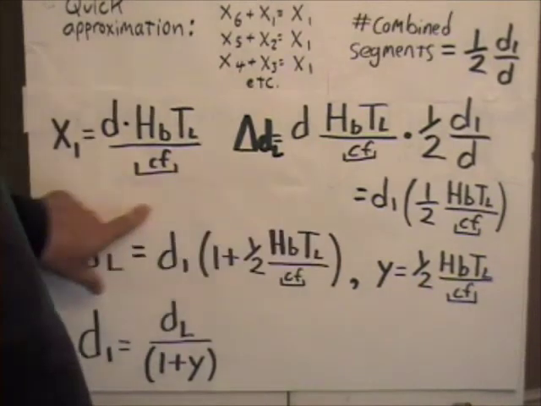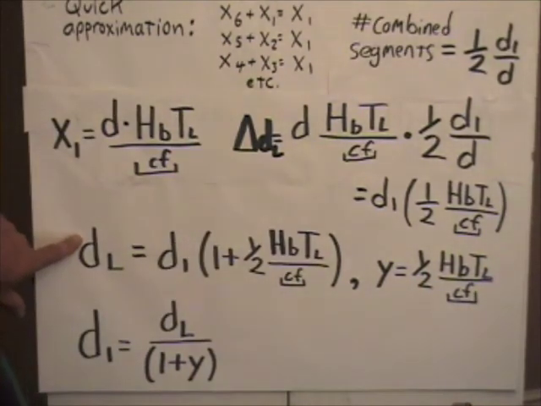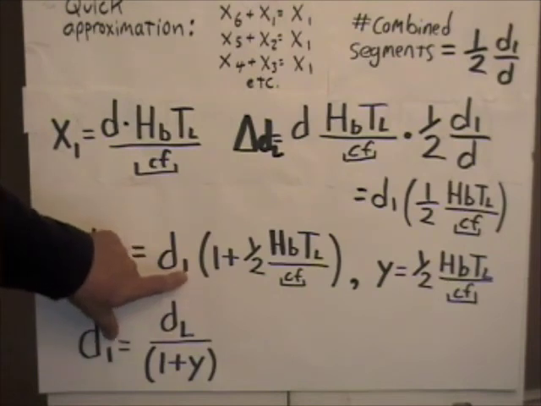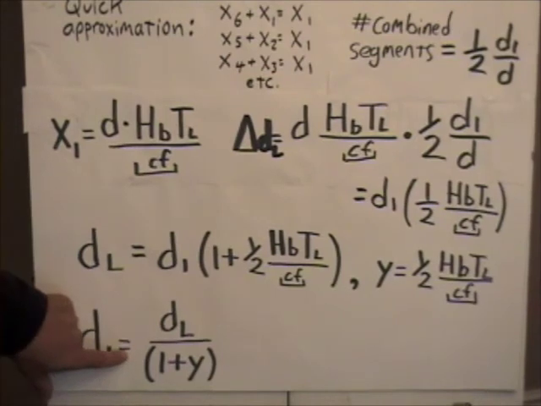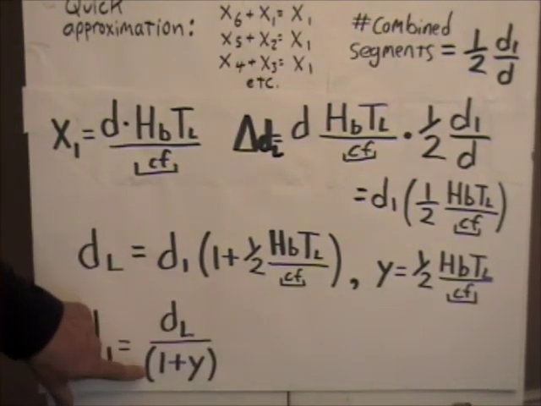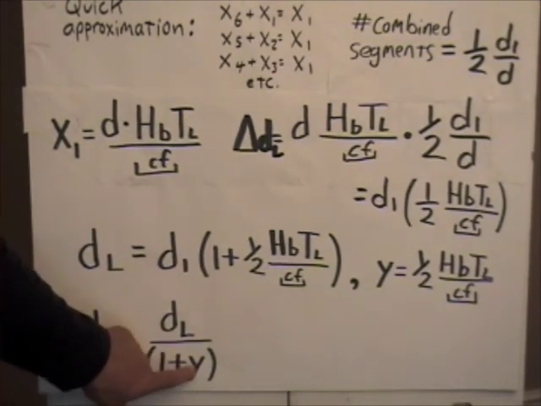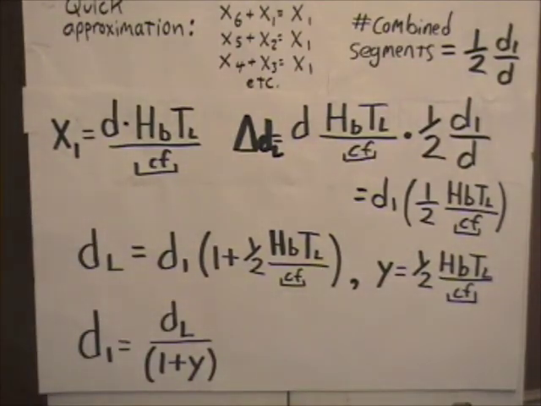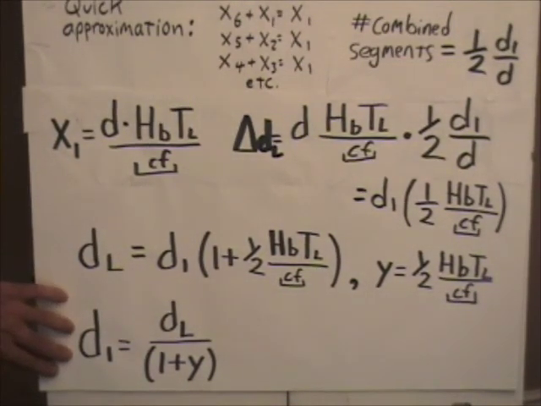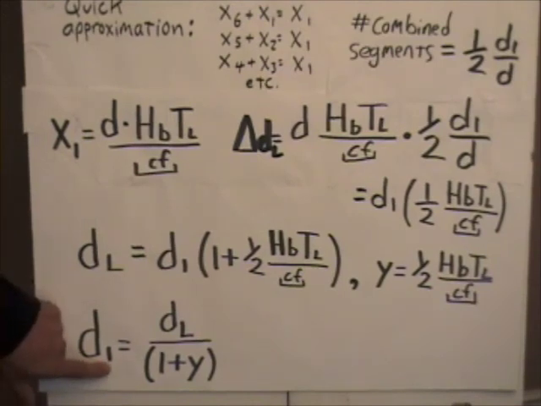Then this formula can be rewritten to give the value for d1 as d1 equals dl over 1 plus y, remembering that y is this expansion amount. And that's the formula we were looking for, which is, what's the amount for d1?